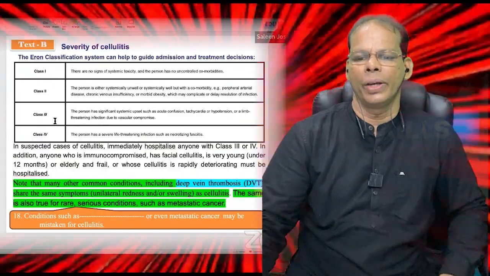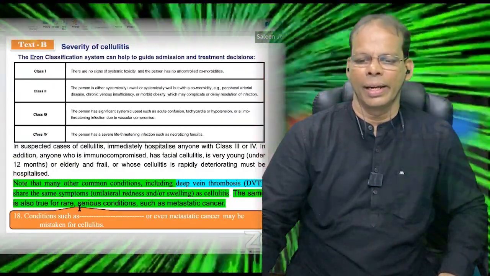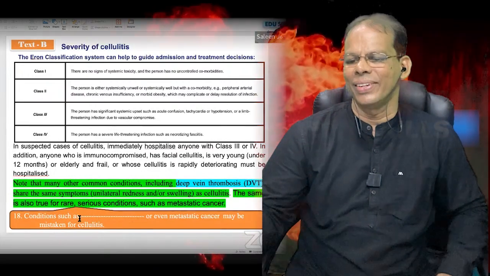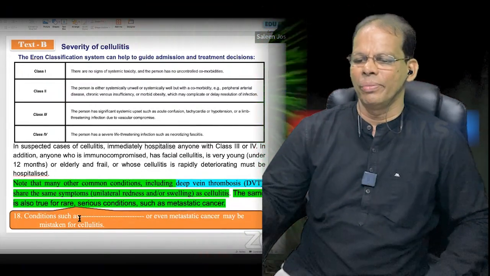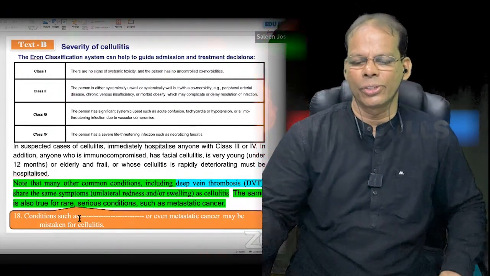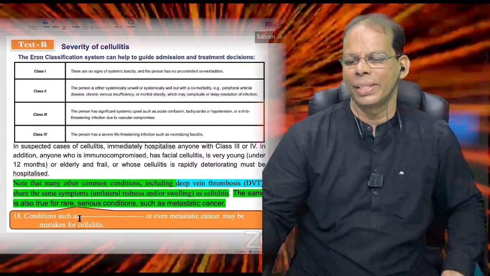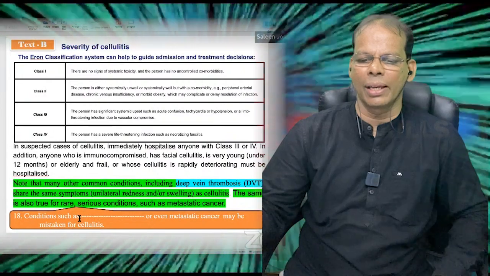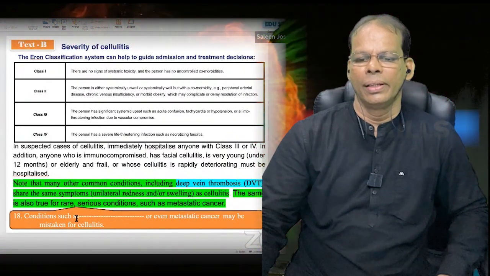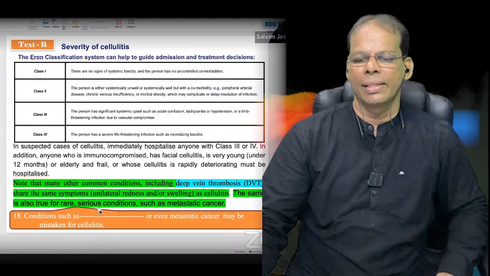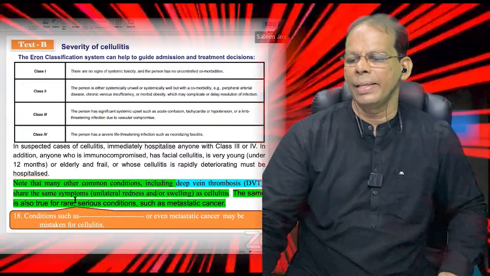Now the 18th one you have in B. What you have to do: conditions such as means it must be the name of a condition. Or even metastatic cancer. Or even, that's what I said, conjunction. They use conjunction in different forms. Or even metastatic cancer may be mistaken for cellulitis. Note that many other common conditions, including DVT, share the same symptoms as cellulitis.